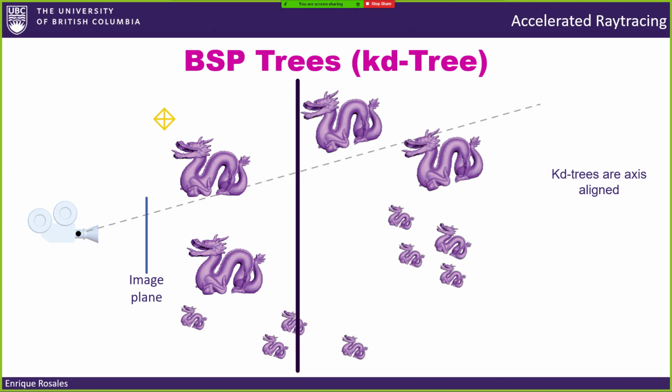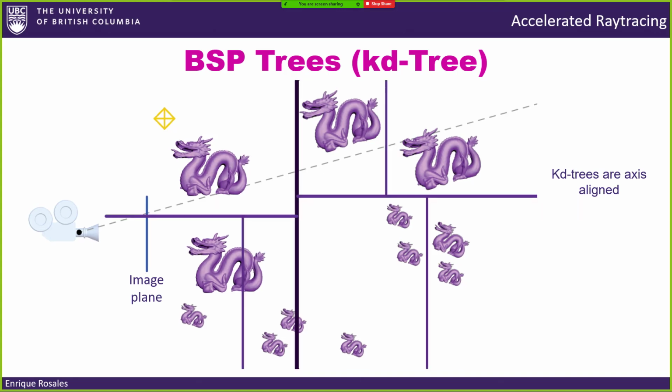The way you split the space is you first split in the x-axis, then the y-axis, then the z, then again the x. For example, in this case, because it's 2D, you split in x, then y, then x again, then y, and you just keep splitting the space.